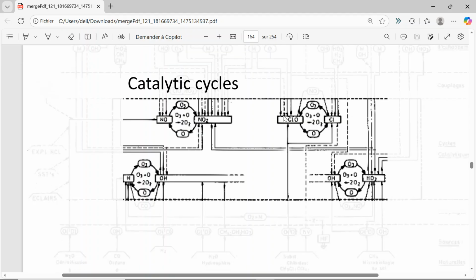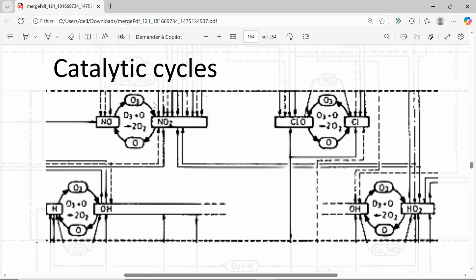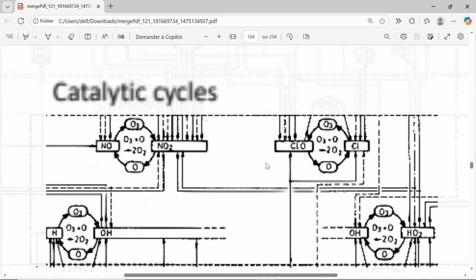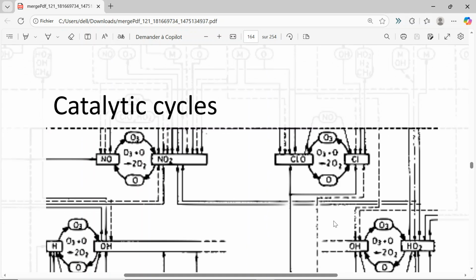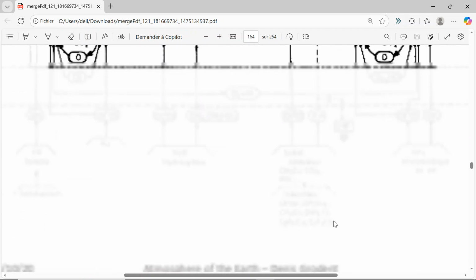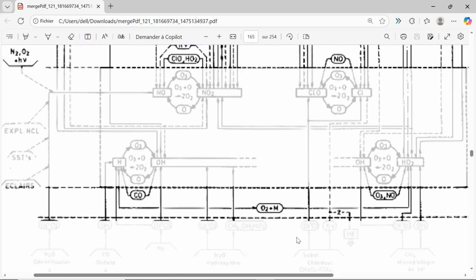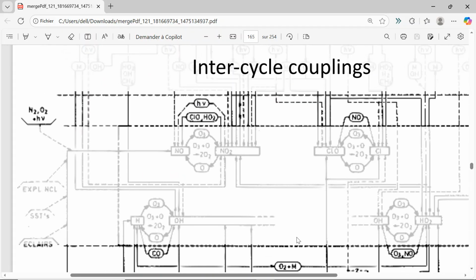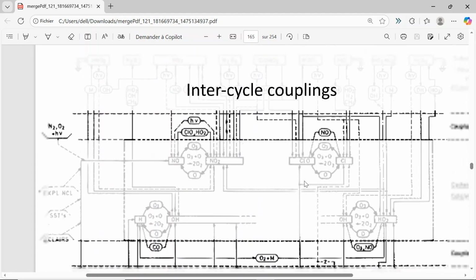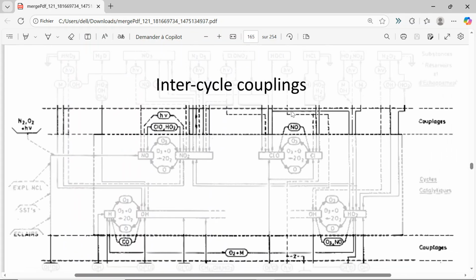Interestingly, we have those catalytic cycles because we retrieve the initial element that we had. For example, the NO, we go back and we have the NO again after the destruction of the ozone. So those cycles are interrelated. As explained for the troposphere and the mesosphere, we have an intercoupling between this cycle and the other one.